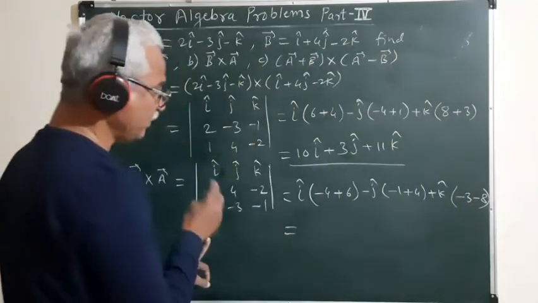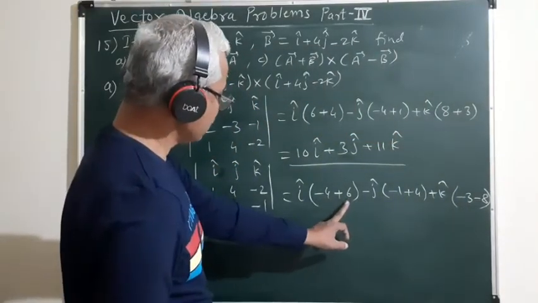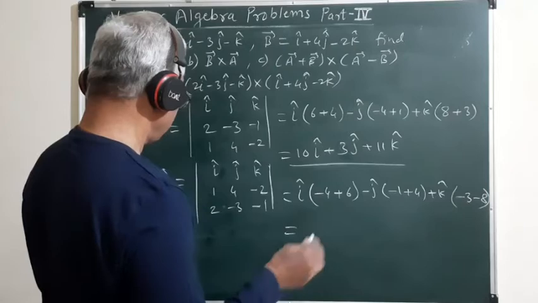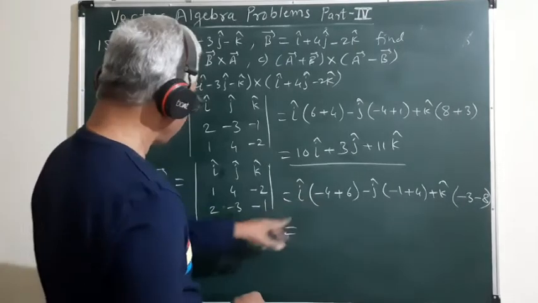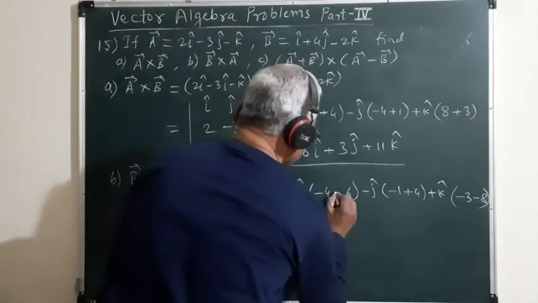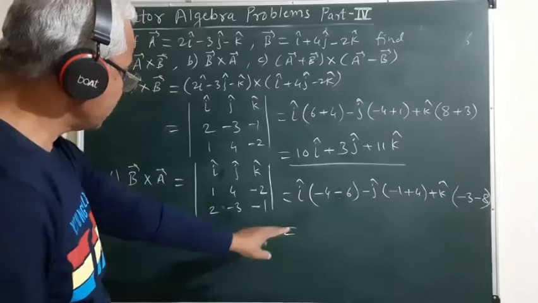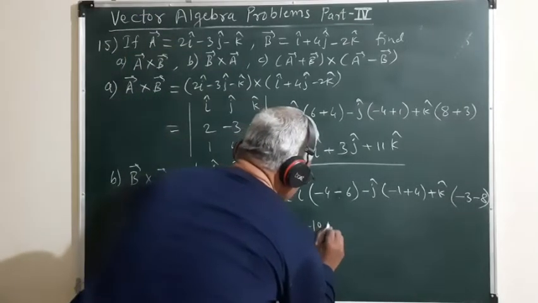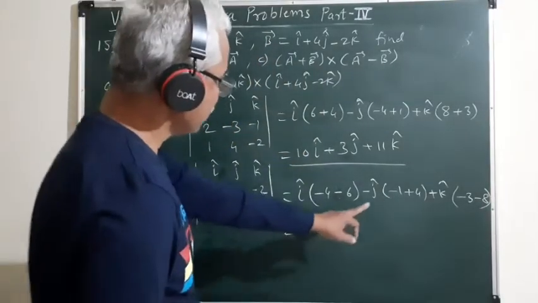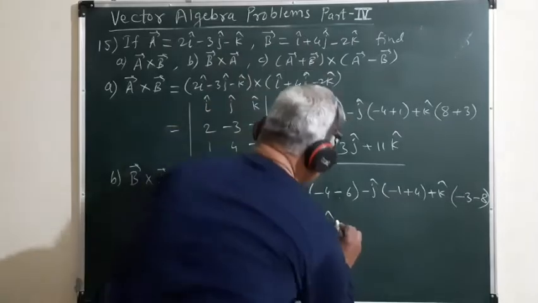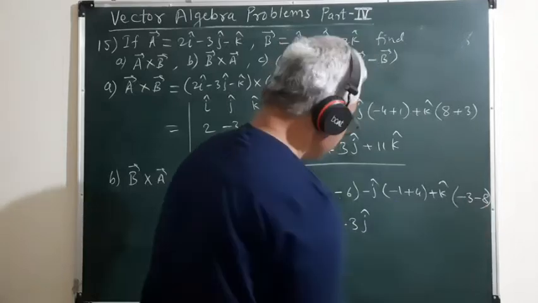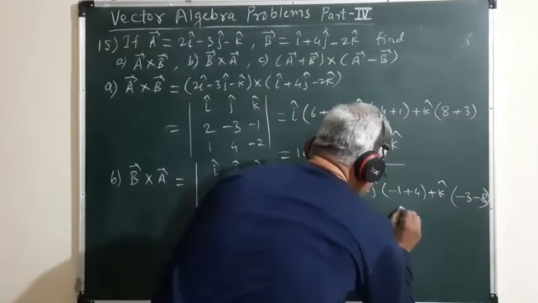So this is equal to minus 4 plus 6, which is... i cap into minus 4 minus 6, it should be minus 4 minus 6 is minus 10 i cap, minus j cap into minus 3, so this is minus 3 j cap, minus 8 minus 3 is minus 11 k cap.